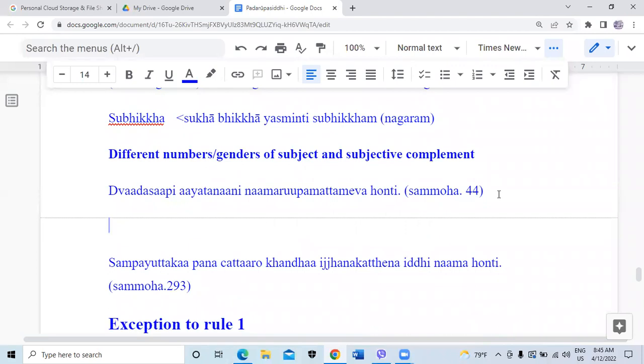Ayaranani, neuter gender, neuter plural. Okay, neuter plural.